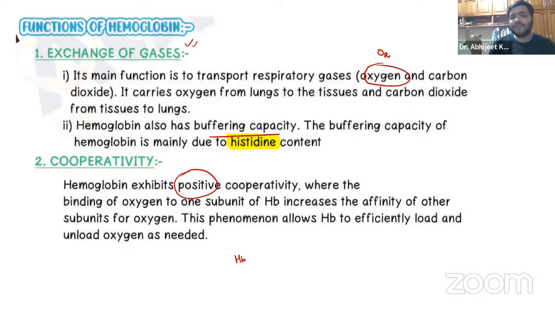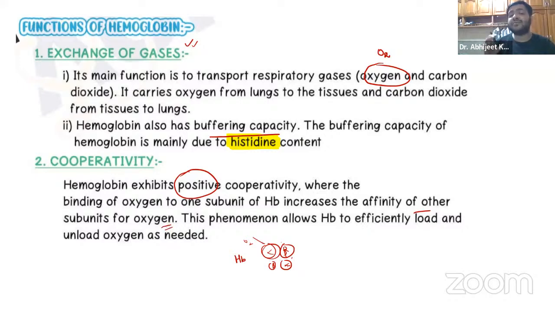If one subunit of the hemoglobin is bound to oxygen, it will increase the affinity of the other subunits for oxygen.